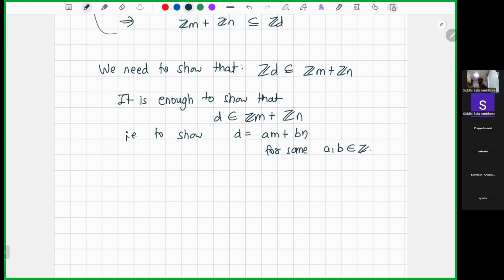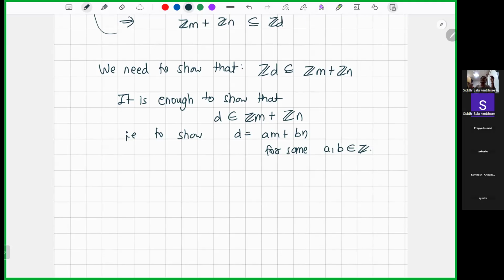You must have seen the property of GCD, that the GCD is a linear combination of the numbers whose GCD it is. Okay, so that's what essentially we need to prove here.